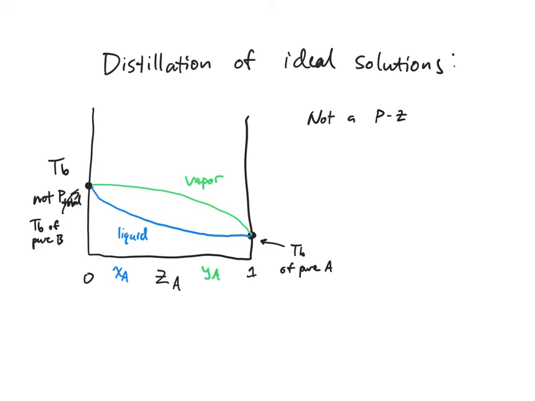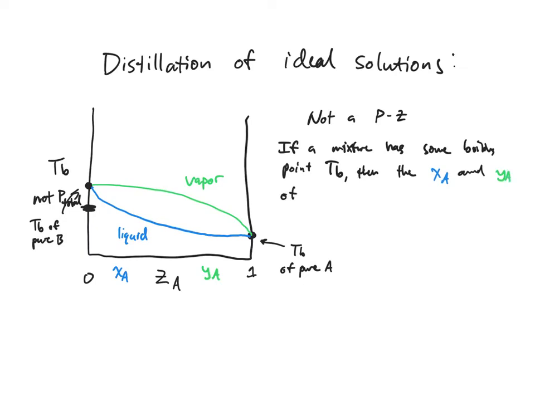So this may be a little bit confusing, so I want to help you think about this. What this means is that if a mixture has some boiling point T B, and maybe we can say that that's that spot right there, then the X sub A and Y sub A of that mixture could be found.